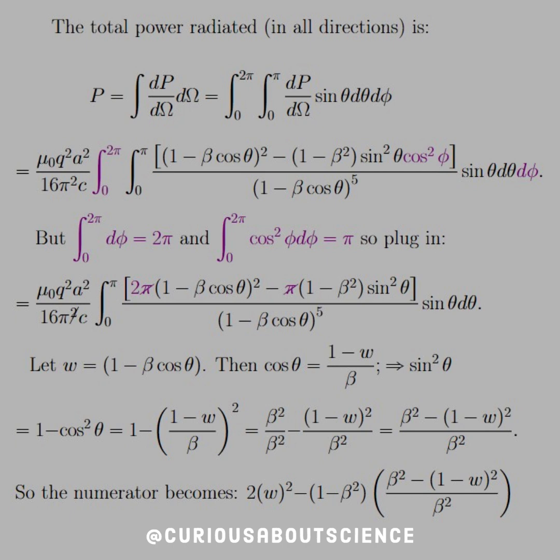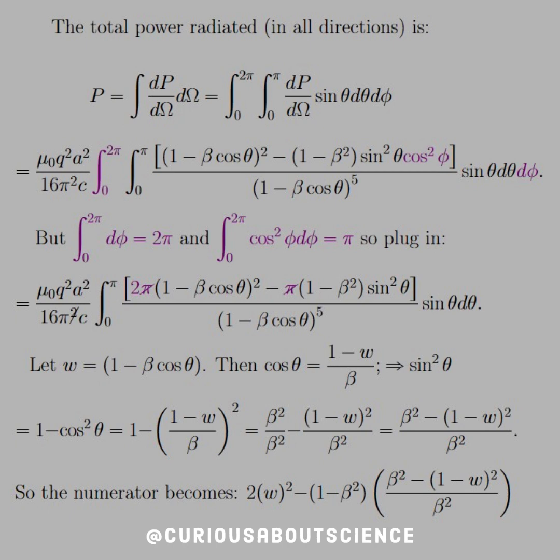We get a 2 pi, of course, from the phi integral once we distribute, but also remember that cosine squared from 0 to 2 pi gives us a pi. And so I color coordinated all the purples together so we're not distracted. And then you see, since we have a pi in both terms in the numerator after the integration, we can factor that and cancel it with a factor in the denominator for the constants.